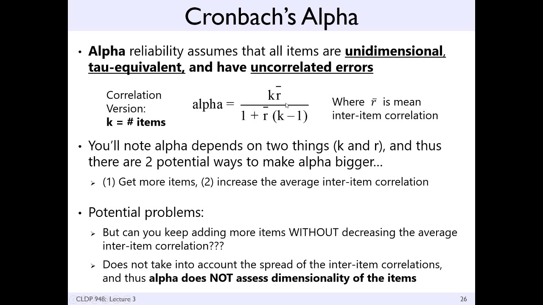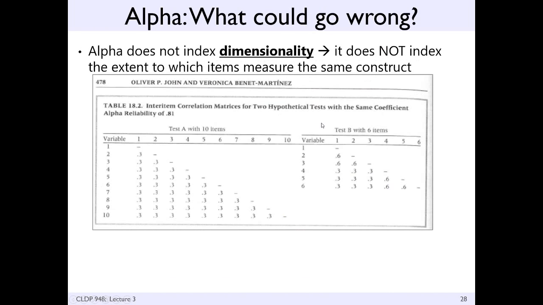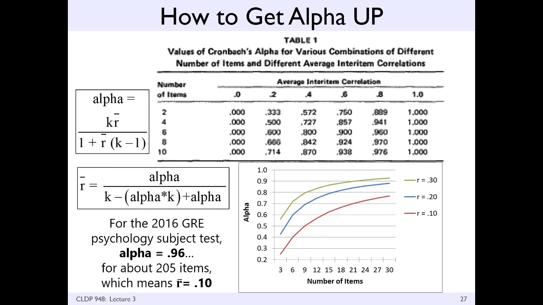So it cannot indicate dimensionality. It has to assume unidimensionality, and because it abbreviates everything in this manner, it also assumes all items are equally good. So yeah, it's not hard to get a good alpha at all. See now, do you believe me?